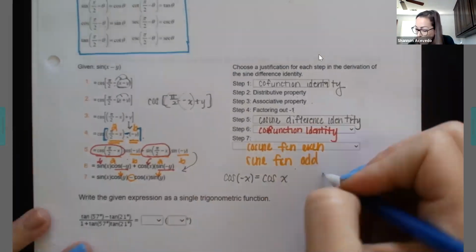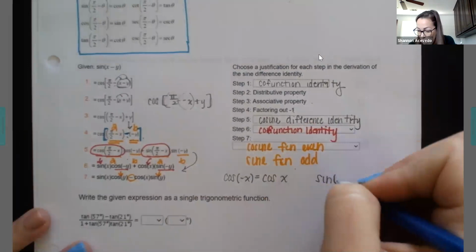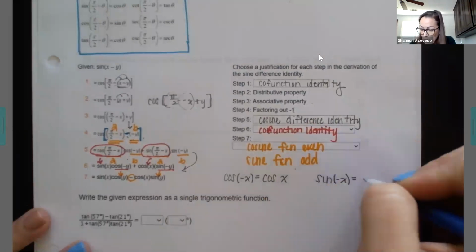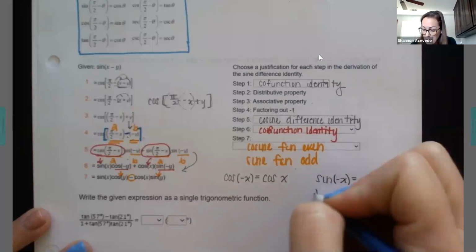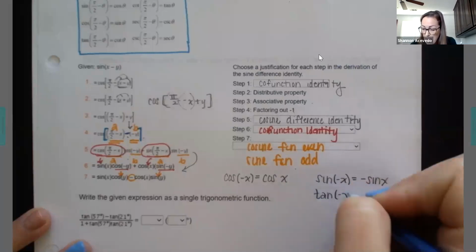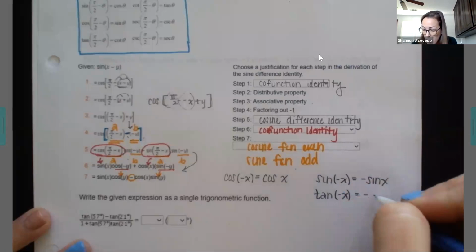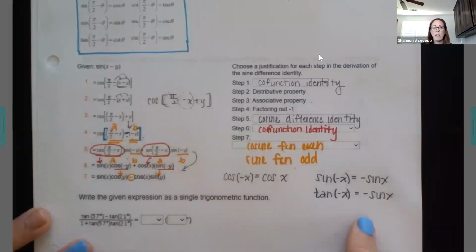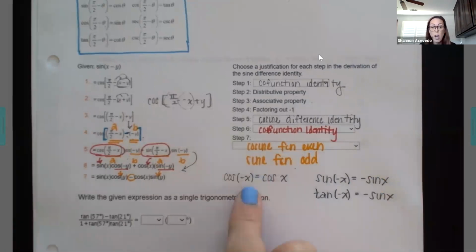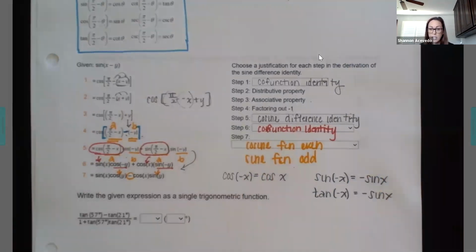Different though than when I have my sine of negative x, the negative comes out in front and becomes negative sine of x. Sine and tangent are very similar in that aspect that tangent also comes out in front. So these are what we call our odd functions. This is what we call our even functions. Also remember, talk about the inverses.